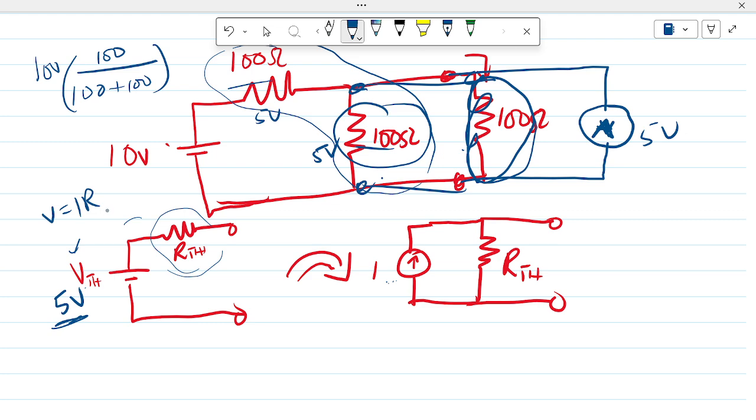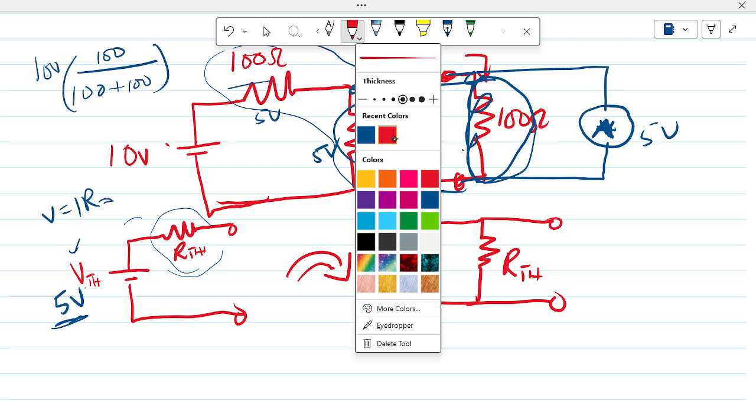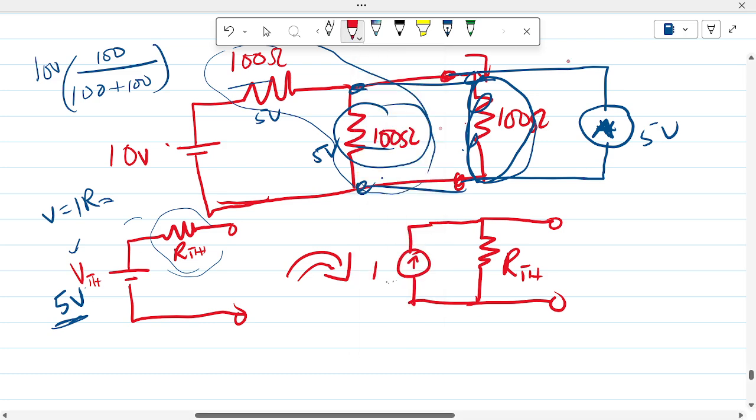I'm sure you'll be used to finding Thevenin's resistance, but that can be a bit confusing when you hear things like look into the resistor. It gets a bit weird. So for now, let's just keep it simple. Just calculate the current our ammeter is going to read, and that will help us find Norton or even Thevenin resistance and Norton resistance as well.